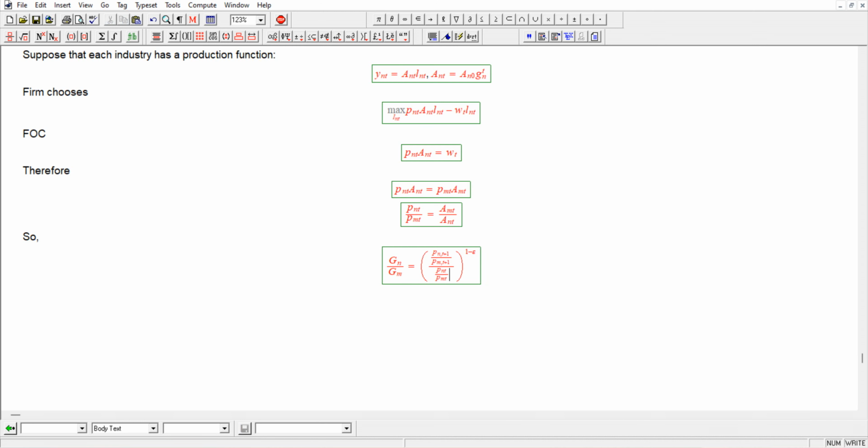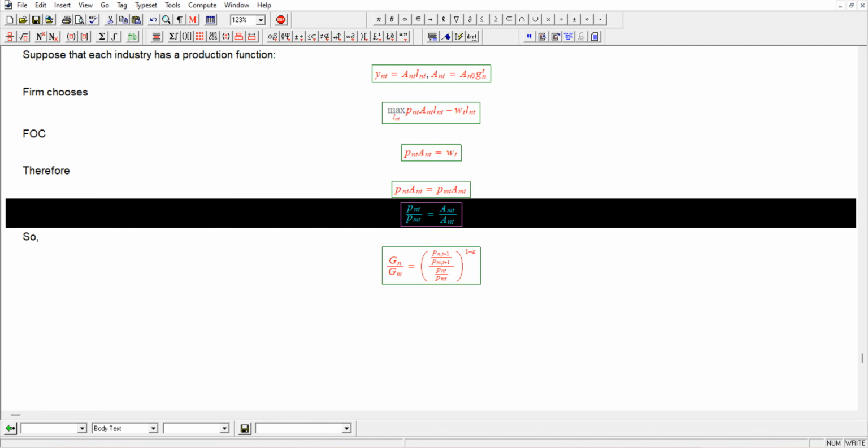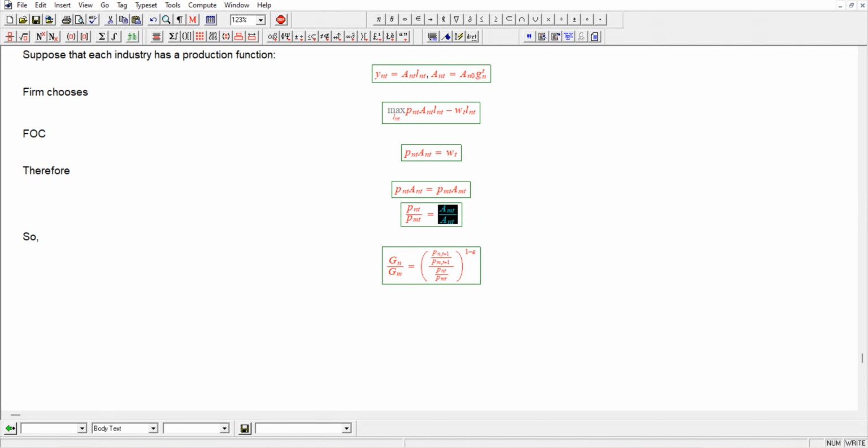Then we can see that this is just that expression. And notice that what's happening with the prices is the inverse of what's happening with the productivities. So I'm just going to write in the productivities here. And remember, we have to invert things, but we can invert things easily by just doing that. So now this is correct.